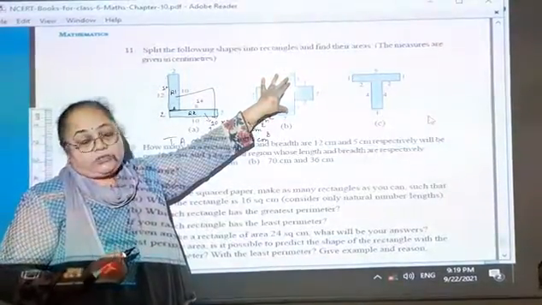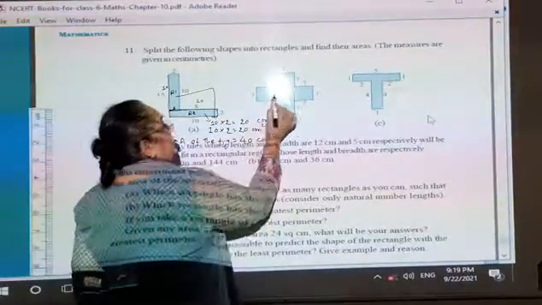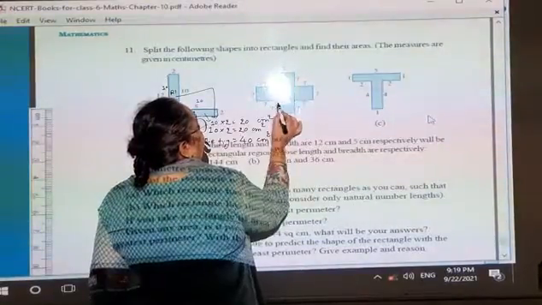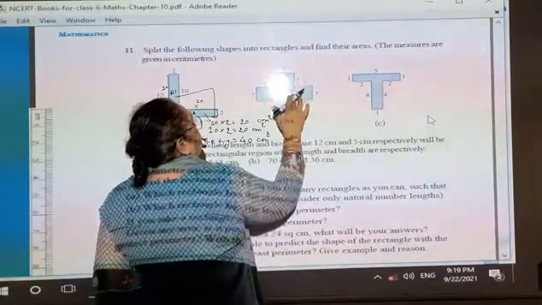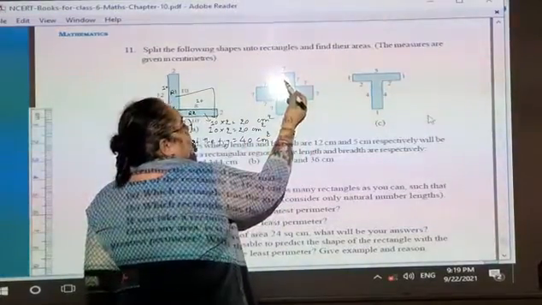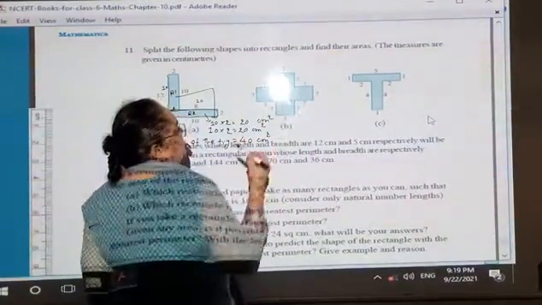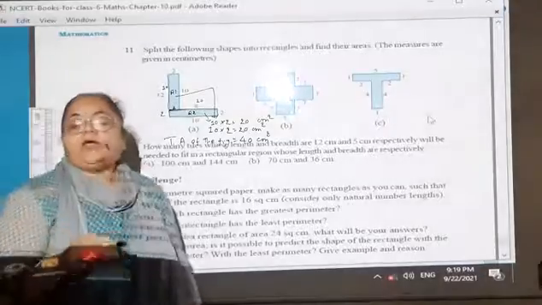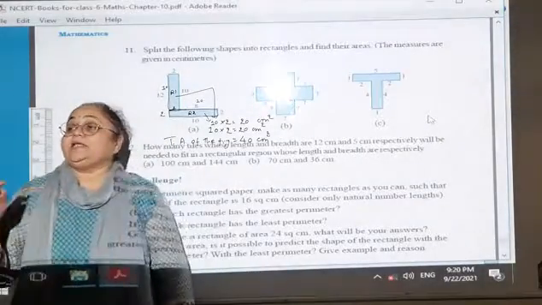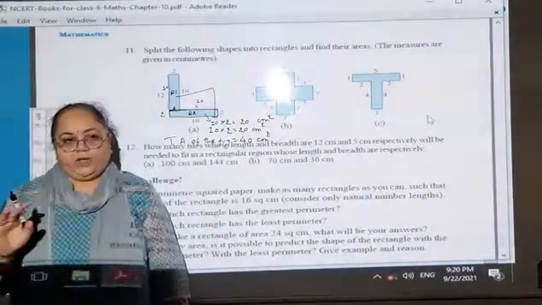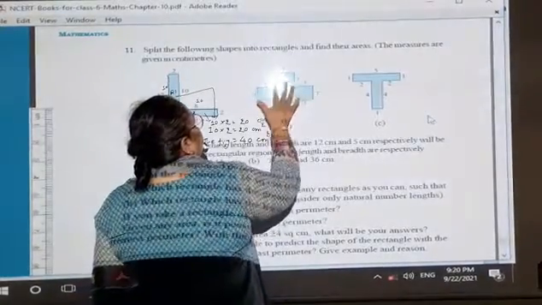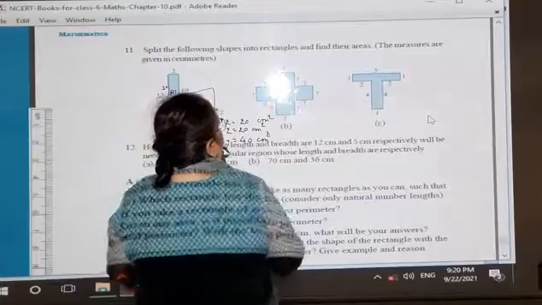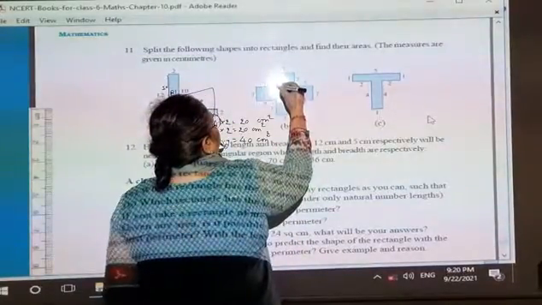This is the first possibility. The second possibility is this one, so this area and this area. But anyway, the result comes the same. It makes no difference. Probably in my solution I have done the first option, so we will go with the first option.